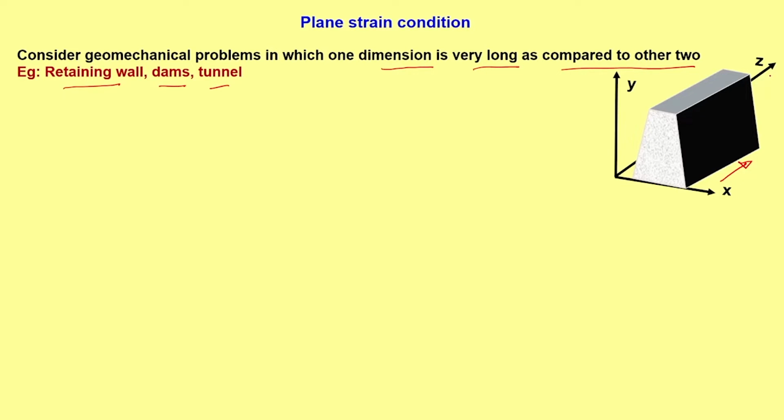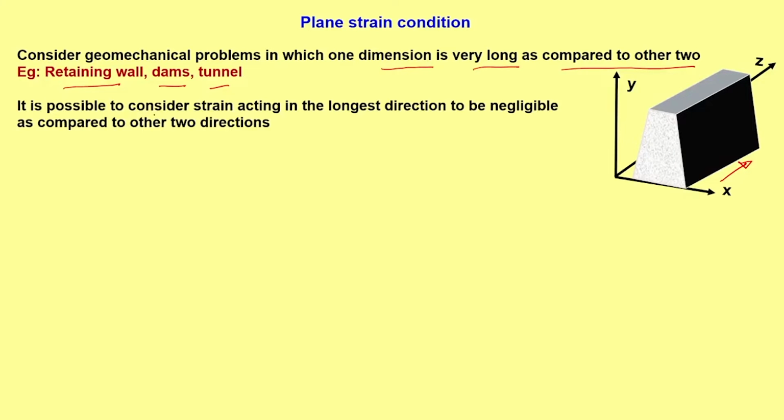The z direction is pretty long as compared to its cross section. So, it is possible to consider the strain acting in the longest direction to be negligible as compared to the other 2 directions. Since this length is quite long, you can always consider the strain acting in the z direction to be negligible.